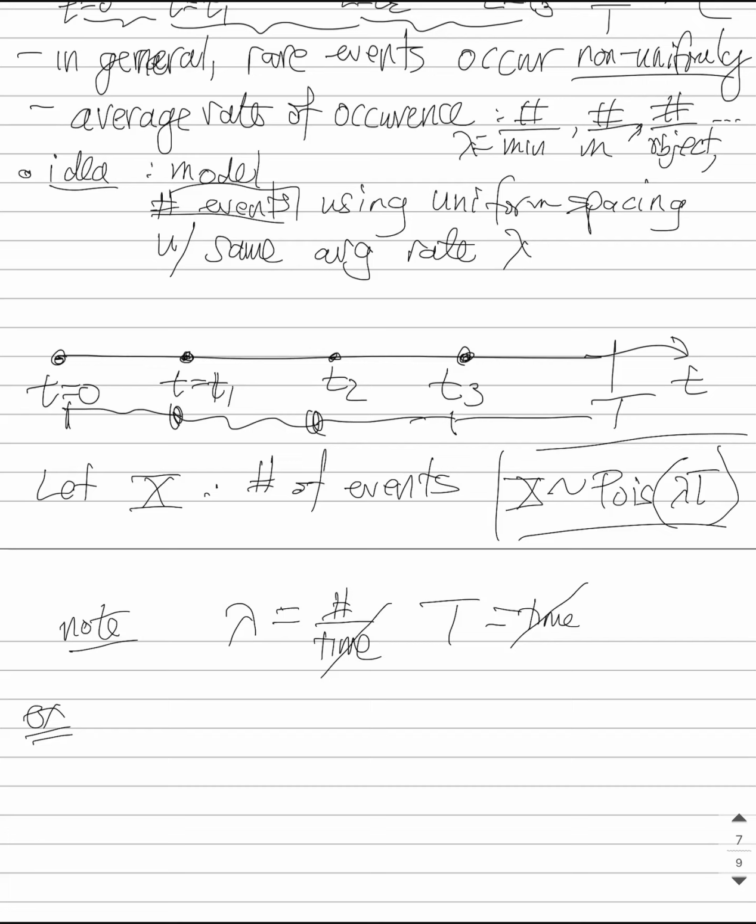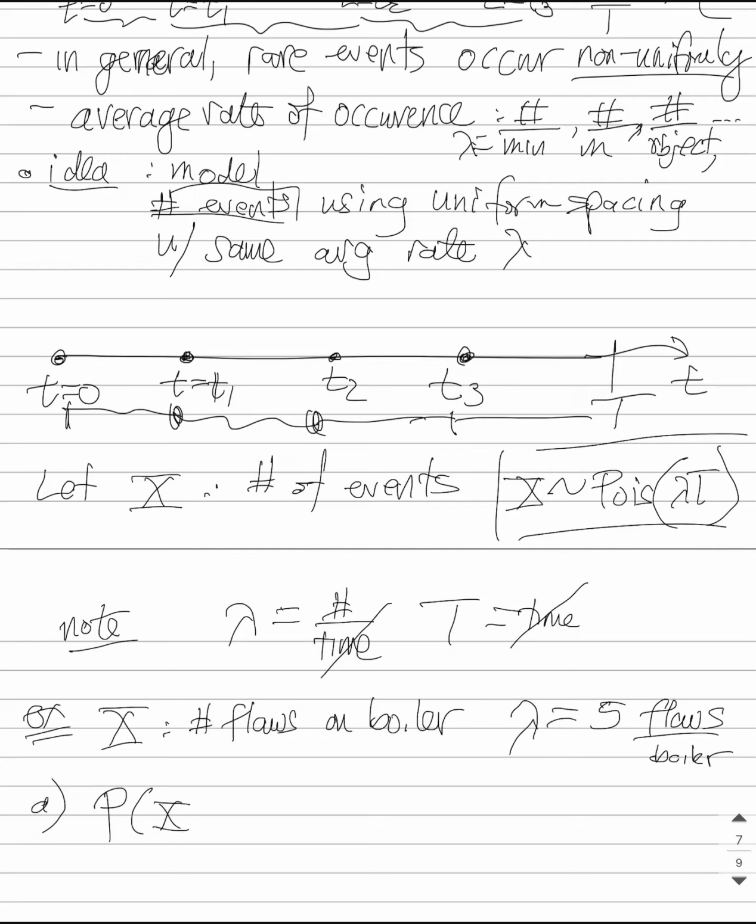Now on the PDF that I've attached, there's a second example where we're going to be interested in the number of flaws on a boiler. You take them from the assembly line and you just check to see how many flaws there are. You've been told that there are 5 flaws per boiler. Now we're interested in the probability that I will get exactly 8 flaws on one boiler.